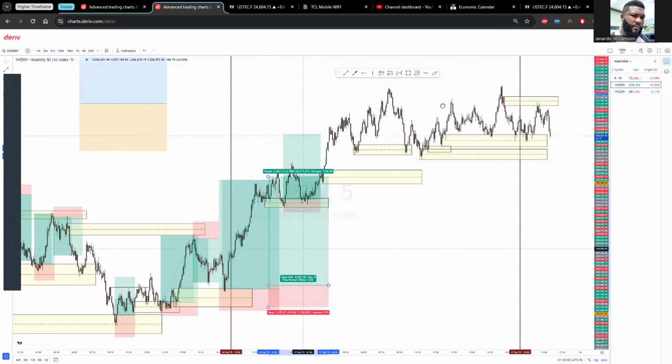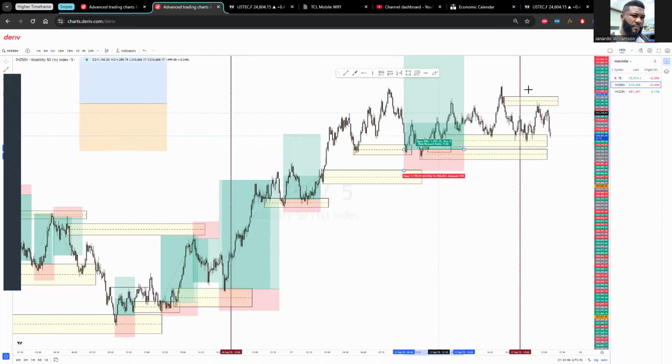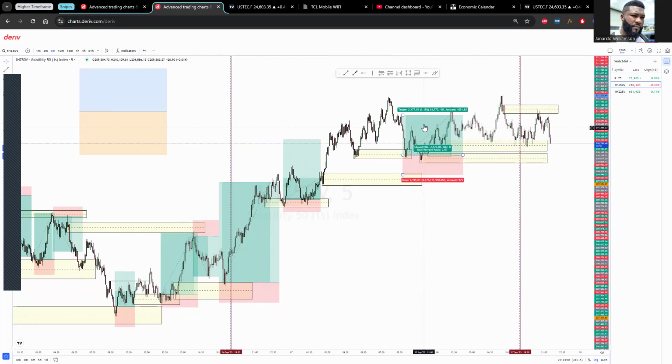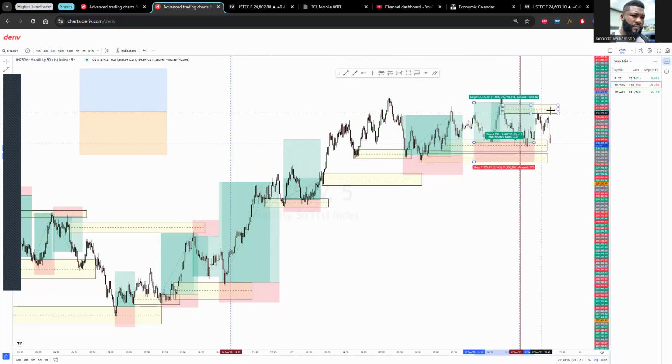This was another entry opportunity for the buy. Not much follow through here. And then now here again. So one there and another one here. And that would have ended the day.